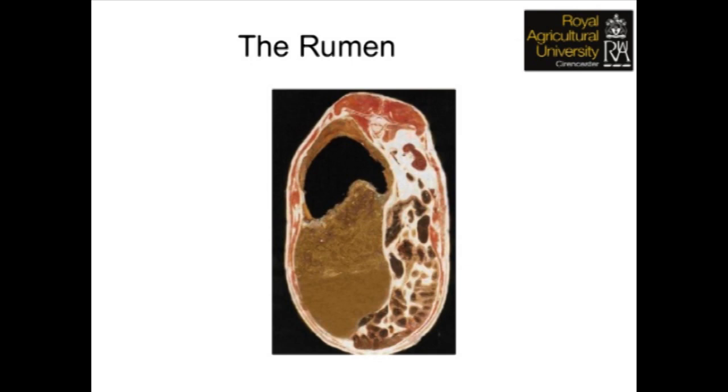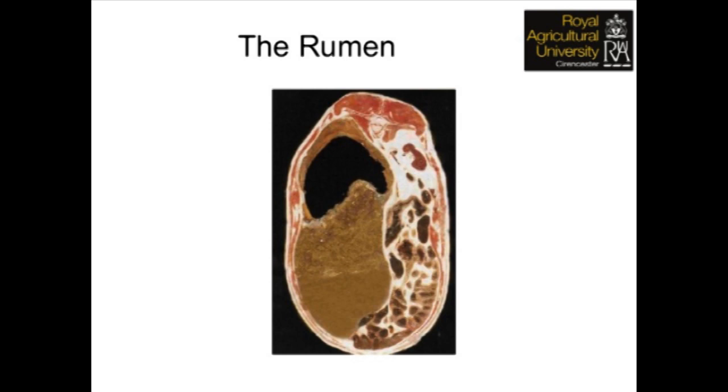At the very top you can see there's a gas space which is mostly full of CO2 and methane. Then there's a more fibrous material, and then it gets progressively lower and lower. This is a section through the main ventral sac. If this went down to the reticulum, which would be a bit further forward along the spine, you would see that there's quite a lot of particulate material, but also that larger stones and debris will have ended up there.